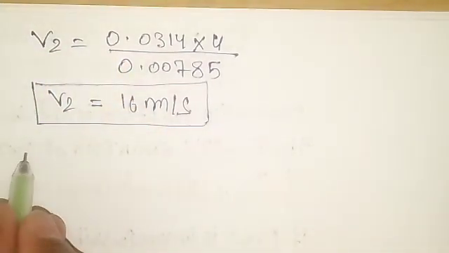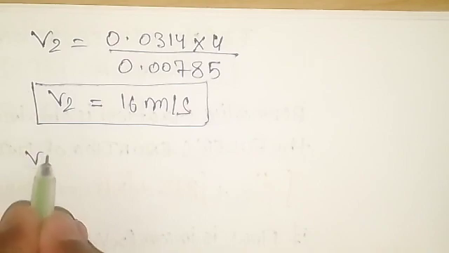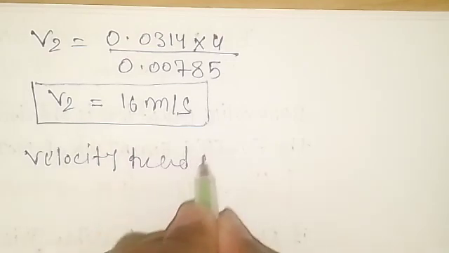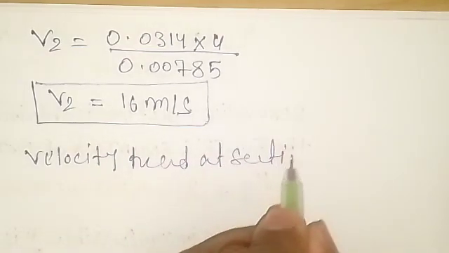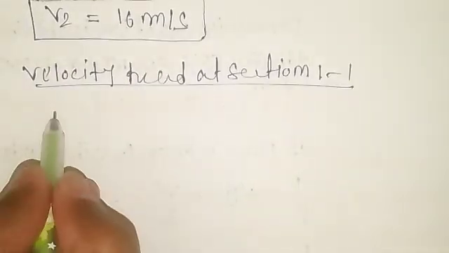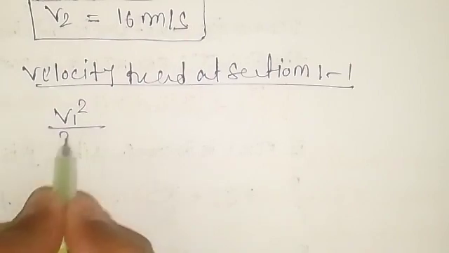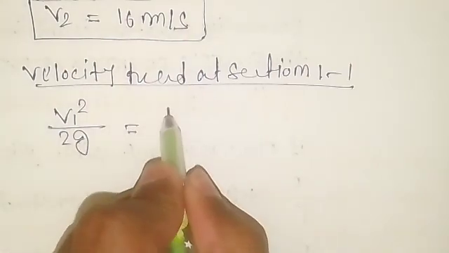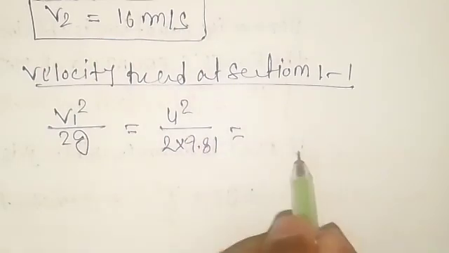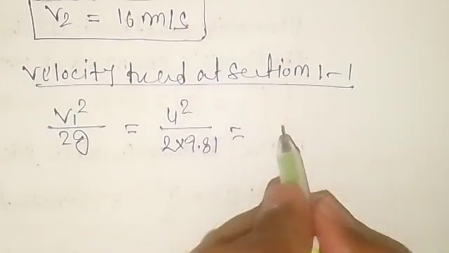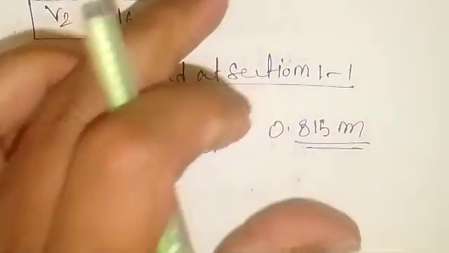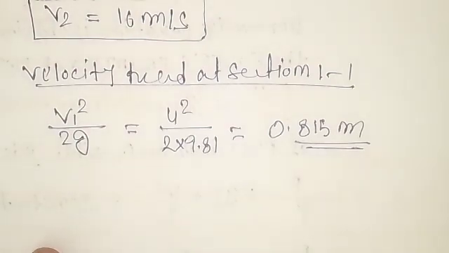Now you need to find out the velocity head or kinetic head. The velocity head at section 1 is v1 squared by 2g, that is 4 squared by 2 into 9.81, which gives 0.815. These are heads, meaning a distance, so the unit is meter.